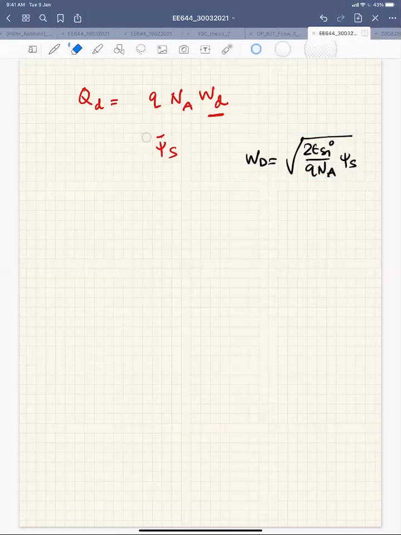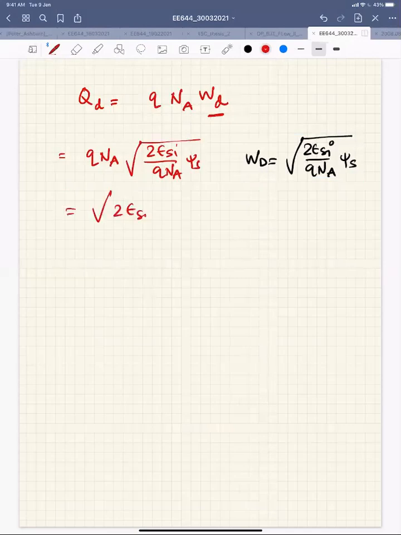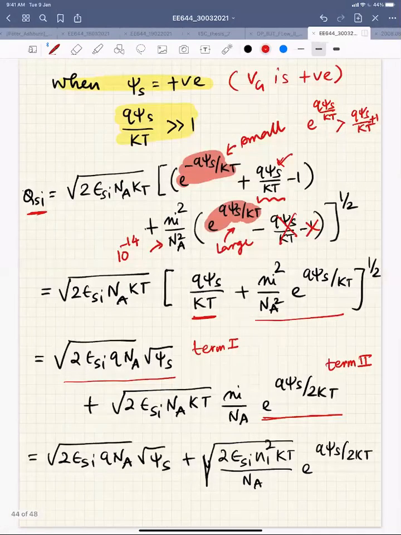So I could also write this as q times na root over 2 epsilon si over q na, times root over psi s. So this is nothing but root over 2 epsilon si q na times root over psi s, right? This equation we already know. This is the total depletion charge, and this is the same. So this term 1 is nothing but the depletion charge.